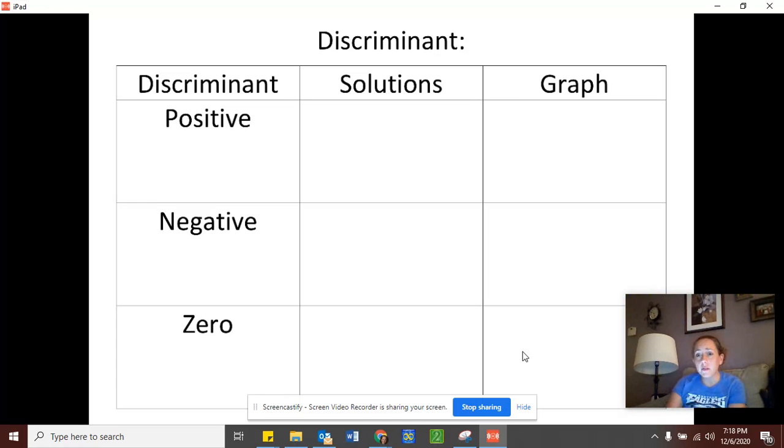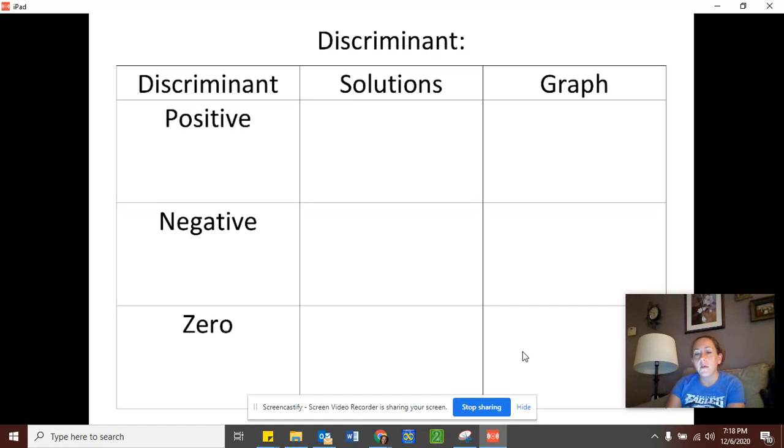It's a number, right? So it can be one of three things: positive, negative, or zero. Every number is either positive, negative, or zero. Based on that information, we can learn something about the solutions.